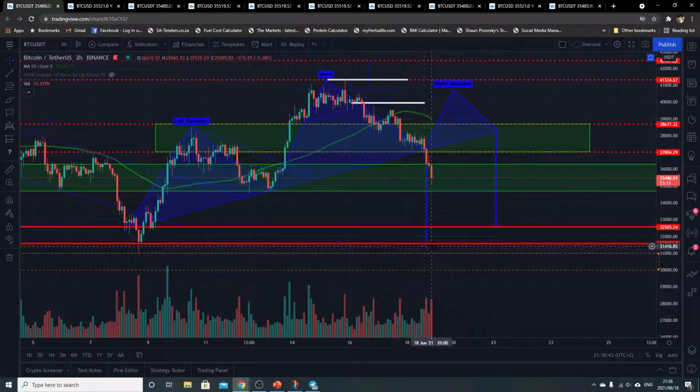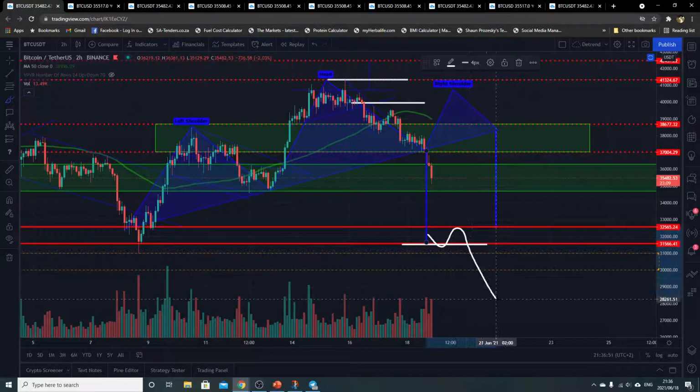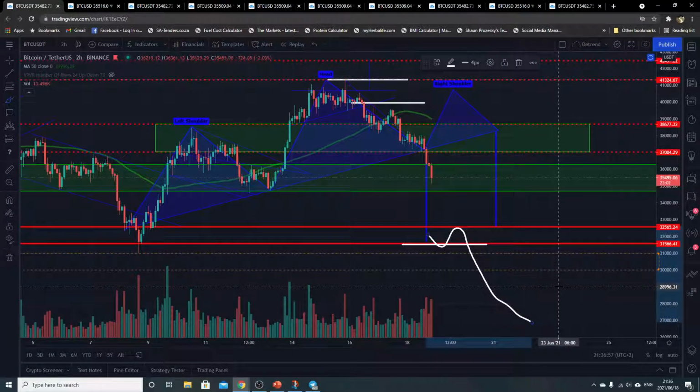I'll be watching this area here just in case price decides to bounce and come back down for the next rundown, which is possible, guys. This is the weekend, so we need to watch out, mainly because the death cross is estimated to be happening tomorrow.